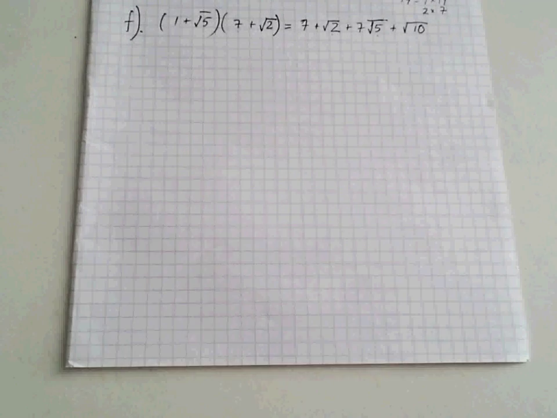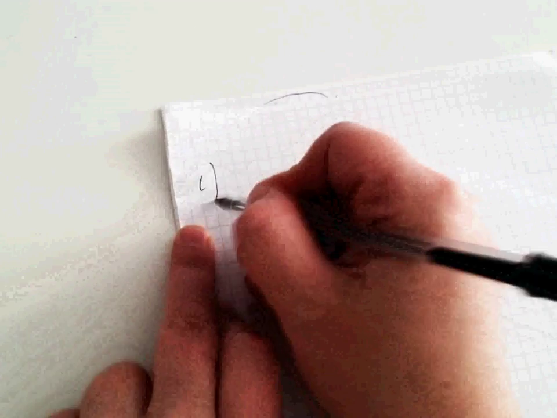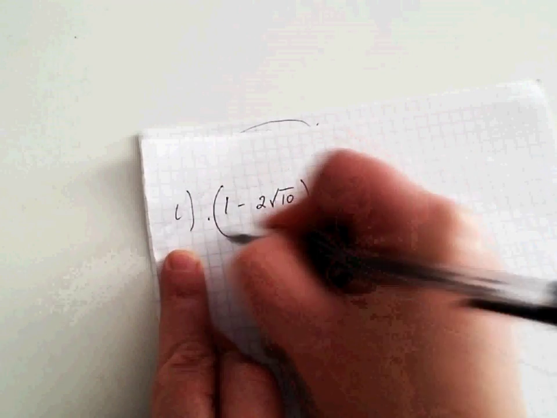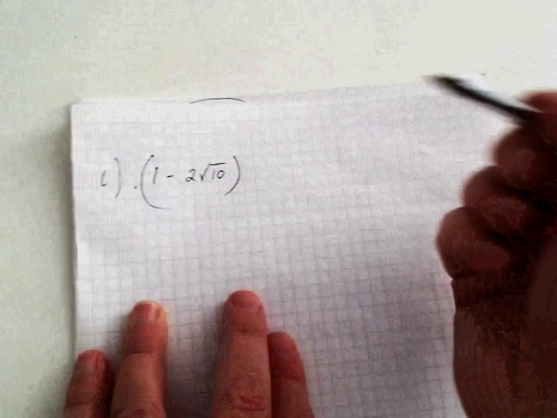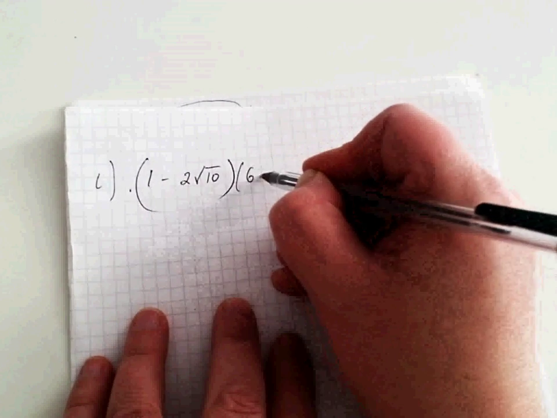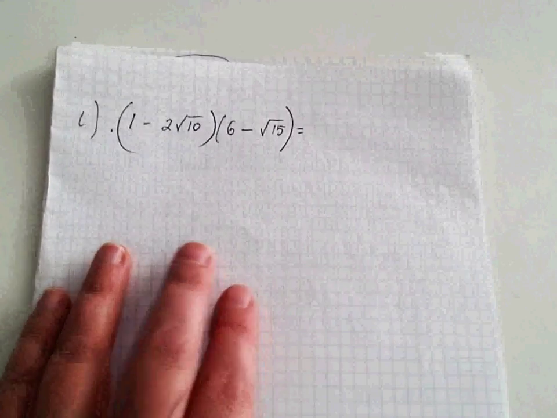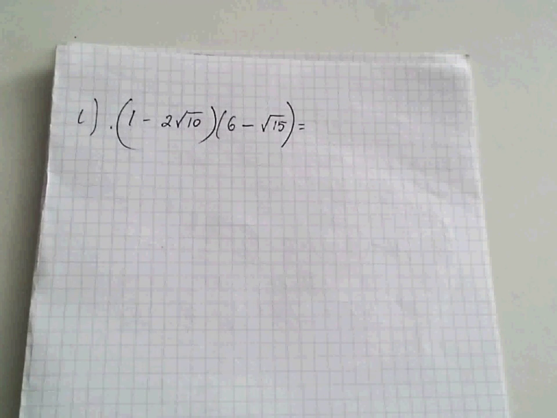Now we are left with the final question for today: 1 minus 2 roots of 10 multiplied by 6 minus root of 15. Please pause the video and try the question yourself.